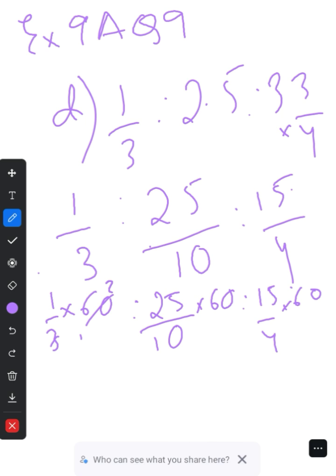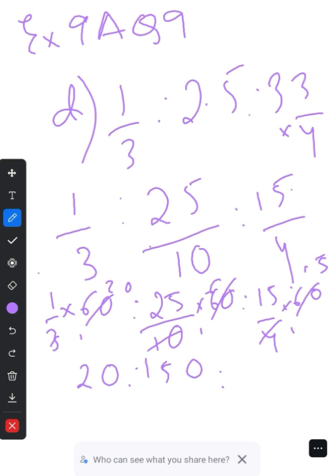Now 1 upon 3 multiplied by 60 is 3 multiplied by 20, so I get 20. 10 ones are 10, 6 are 25 into 6. What do I get as my answer? 150. Now 4 ones are 4 into 15s, and 15 into 15 is going to be 225.